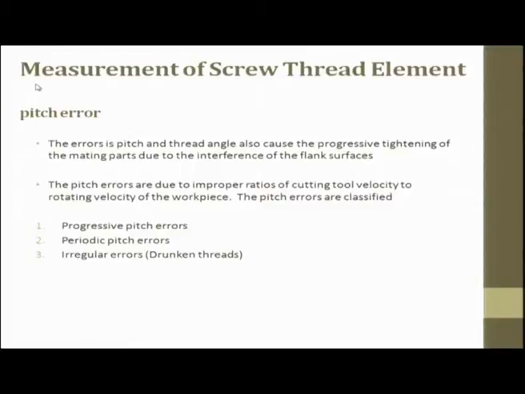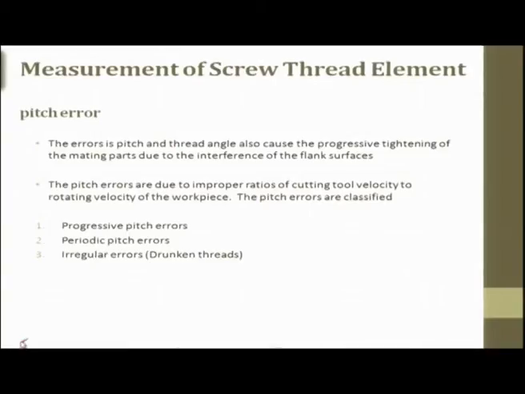After measuring the major diameter, minor diameter and the effective diameter, the next topic of discussion is the pitch error. The error in pitch and the thread angle also causes progressive tightening of the mating surface due to the interference of the flank surface. That means if there is an error between these two flank surfaces, this error is called pitch error.